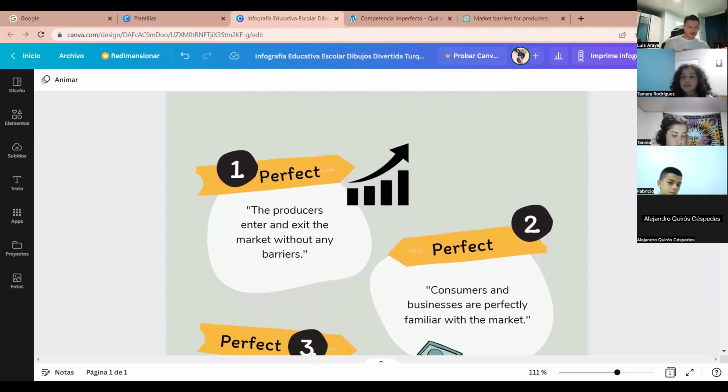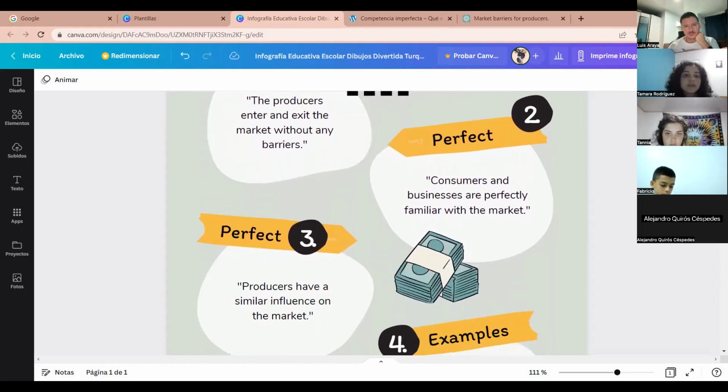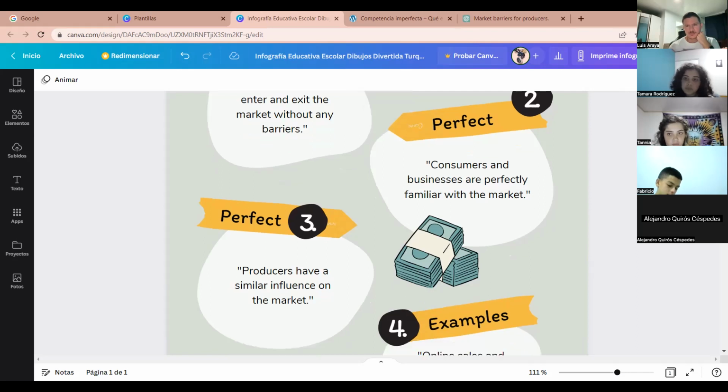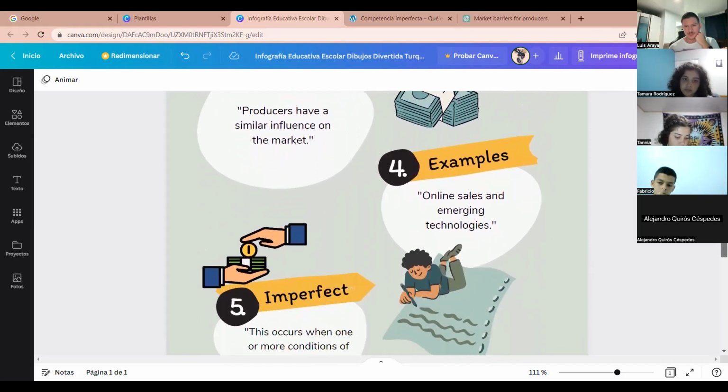They know about the relationship between quality and price of a product, the options available, and the utility of each one. And the third one is producers have a similar influence on the market. This means that producers trade according to the market in general. Some examples are online sales and emerging technologies.